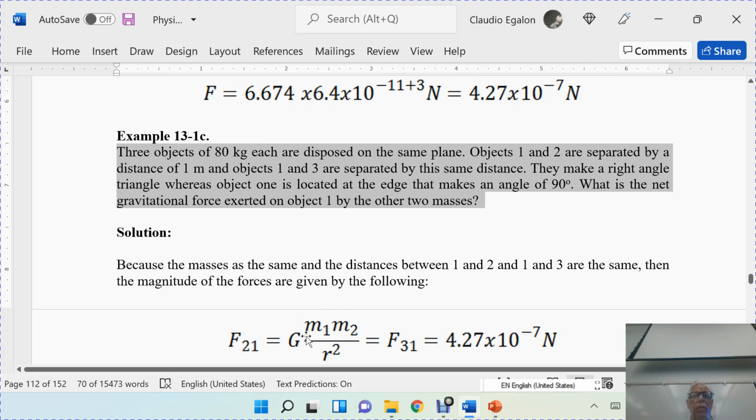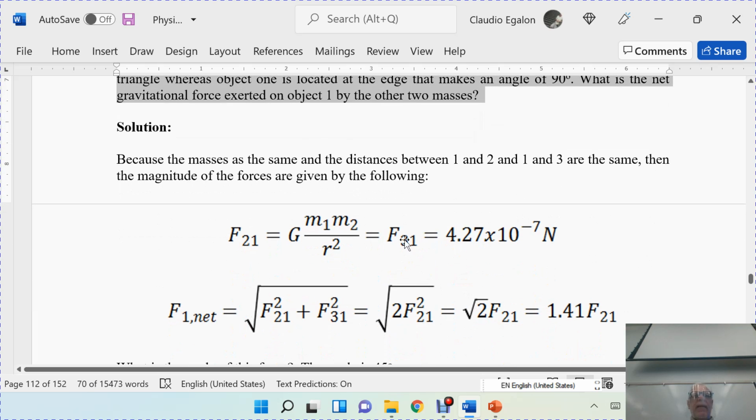So when you substitute 80 kilograms here, 80 kilograms here, and 1 meter here. Oh, by the way, we calculated that before. You got 4.27 times 10 to minus 7. And don't forget here I changed the notation. F31 means force of 3 applied to 1. It's just a matter of definition.